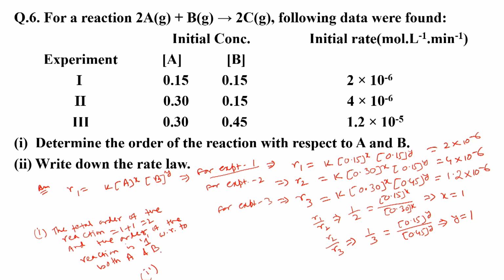So if that is the case, the rate law is rate equals k concentration of A raised to the 1, concentration of B raised to the 1.